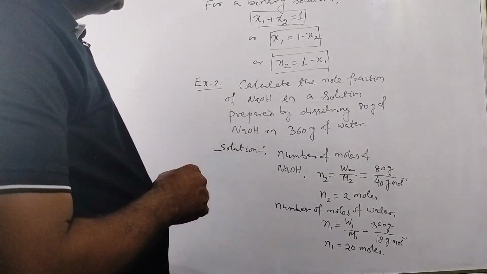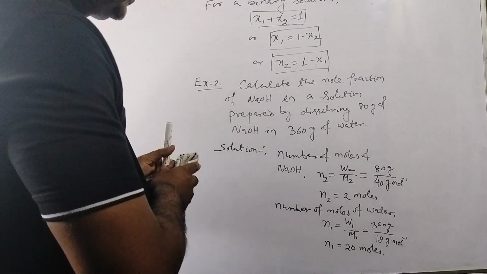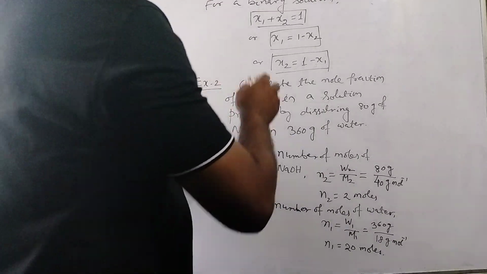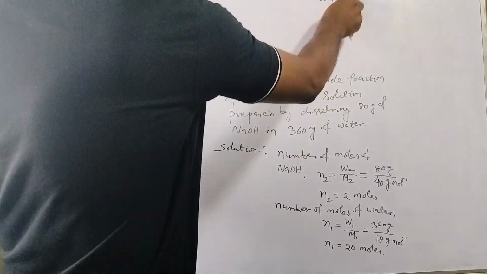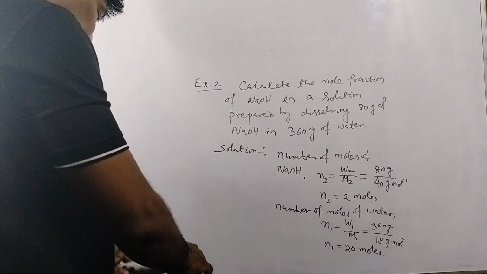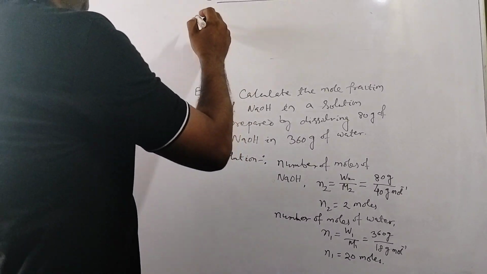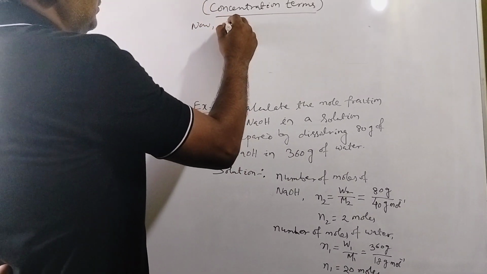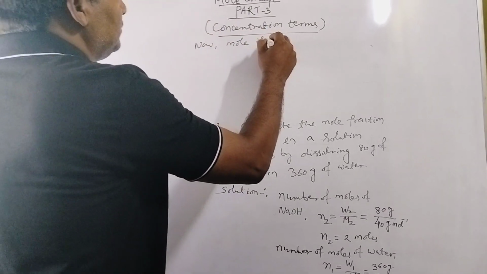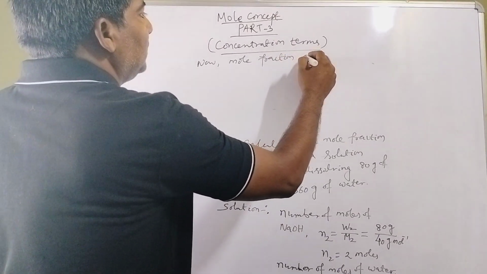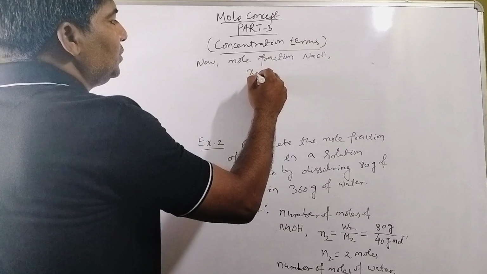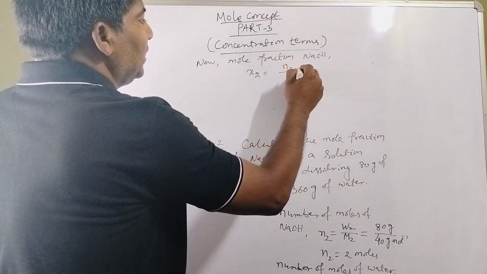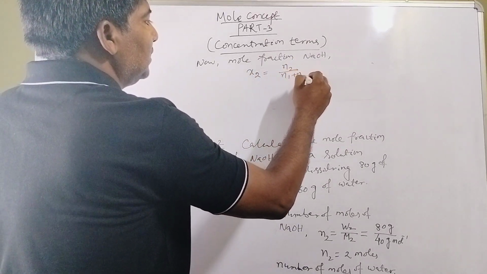Then we have to calculate the mole fraction of solute. So now mole fraction of solute, that is sodium hydroxide, x2 is equal to n2 by n1 plus n2.